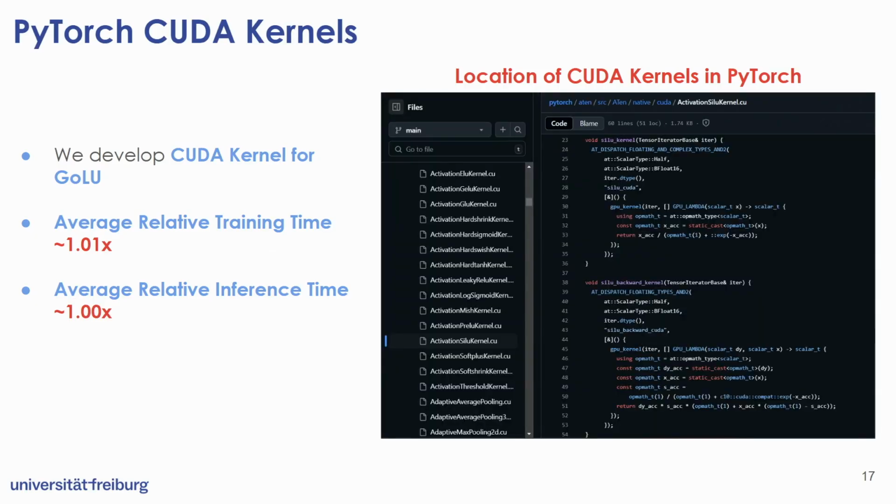To further improve the performance of the activation function and also do an apples-to-apples comparison, because I use PyTorch as a framework for doing all the trainings and benchmarking the activation function, I had to build a CUDA kernel. So I jumped into the GitHub repository of PyTorch.